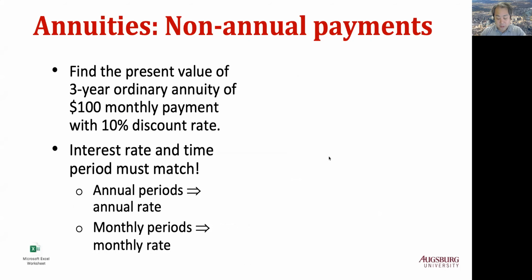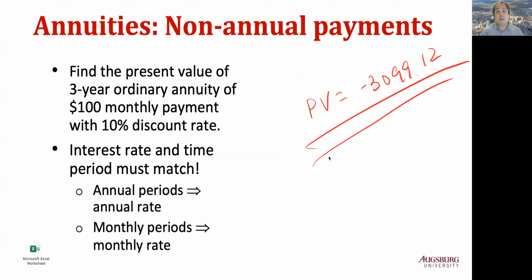So for this one, everything is the same. If you compute the present value, then Excel is right. PV equals negative $3,099.12. Big mistake. I'm sorry about that. But this is probably the importance of changing the mode of the calculator back to the end.